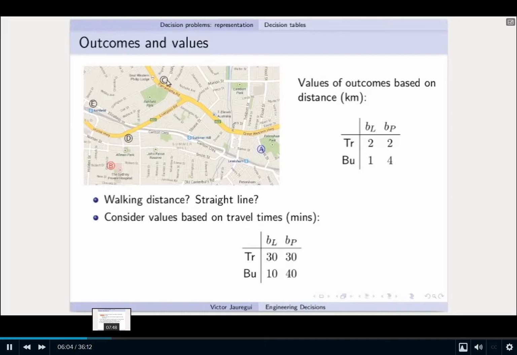Now, if this was a loop, obviously, if the bus went up Parramatta Road and all the way here, then catching the bus up Parramatta Road would have two possibilities, which was what we looked at earlier.